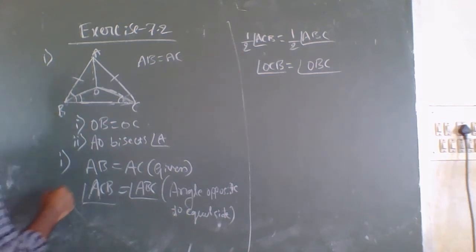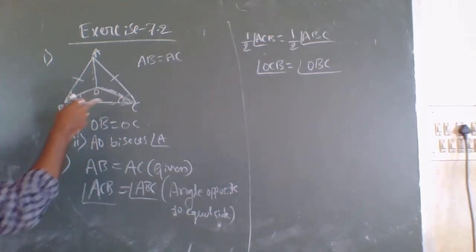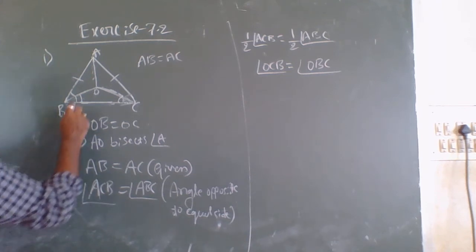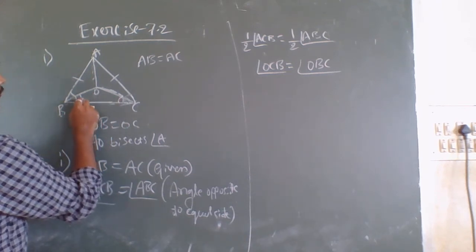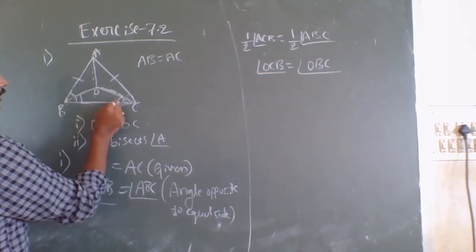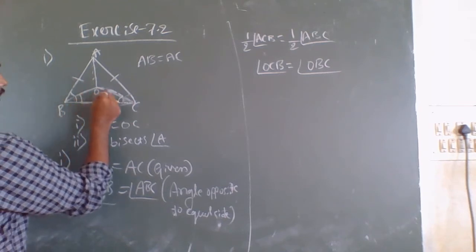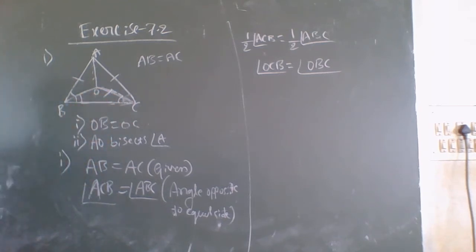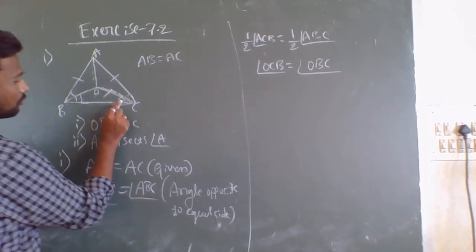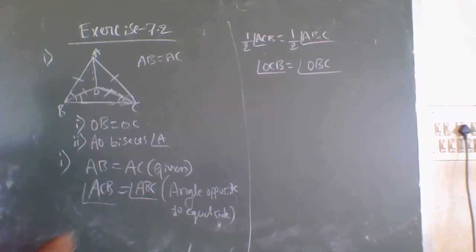Then we can write, opposite to these two equal angles means the opposite sides of these two angles. Opposite to angle B, OC is the side, and opposite to this angle, OB.